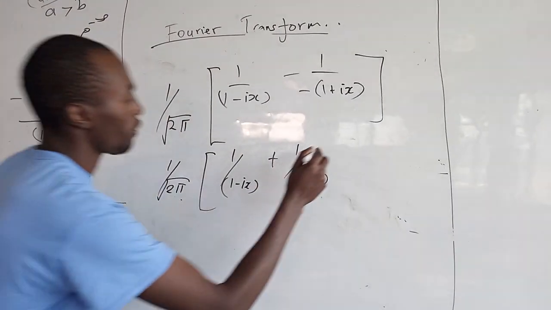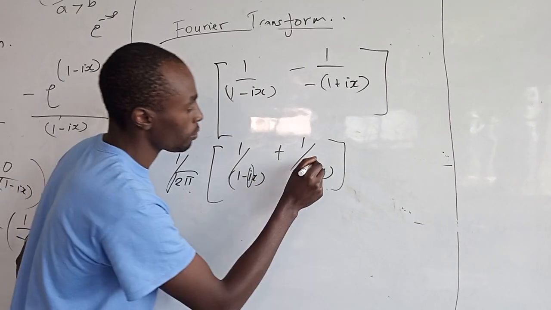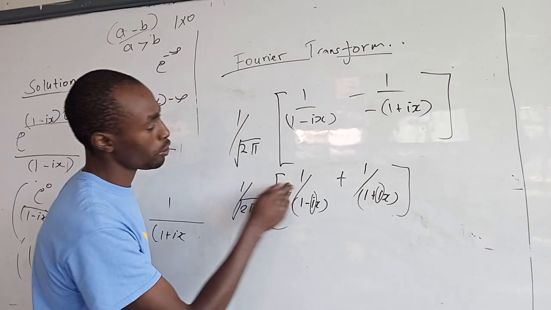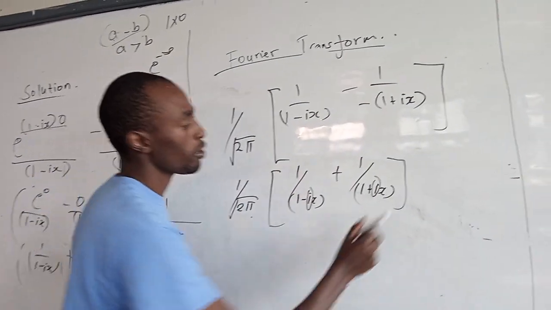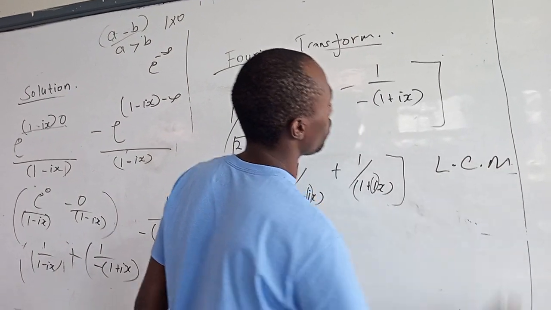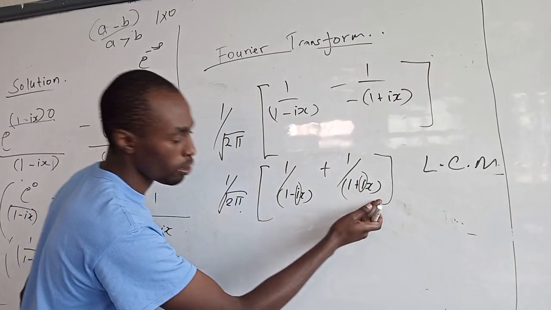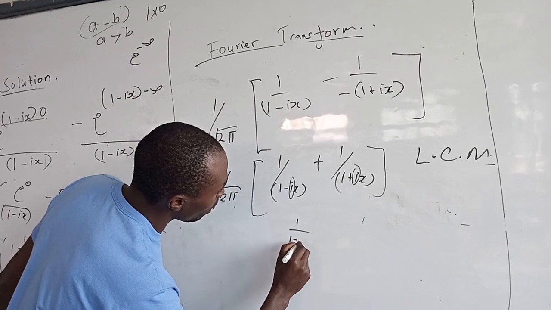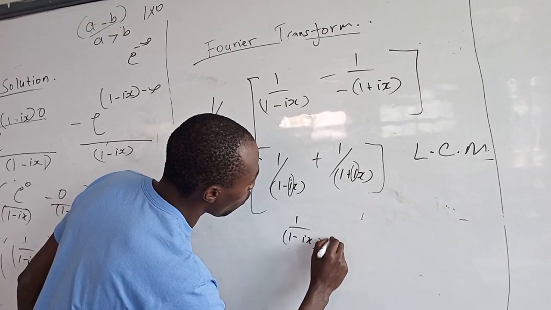Now we can see we still have imaginary parts. These are fractions, and since we're dealing with fractions we need a common LCM. Because we don't have a common number, we multiply. So it will be 1 minus ix times 1 plus ix.